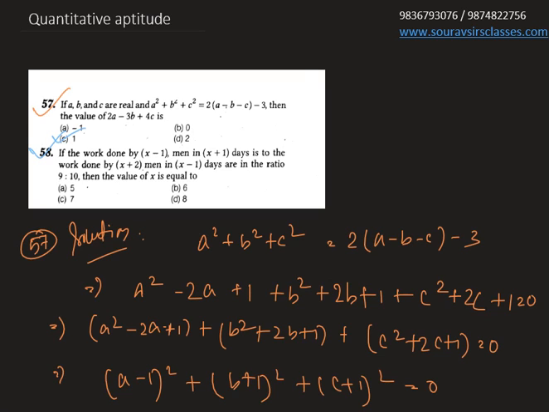If the work done by x minus 1 men in x plus 1 days is to the work done by x plus 2 men in x minus 2 days are in the ratio 9:10, then what is the value of x?